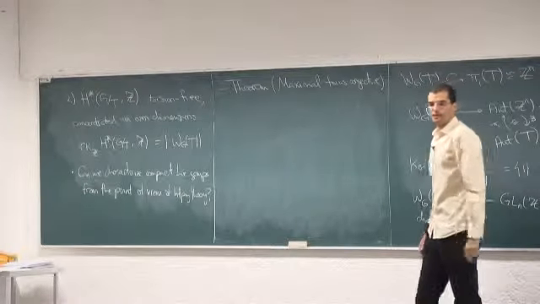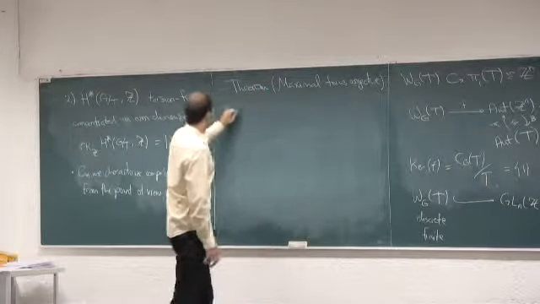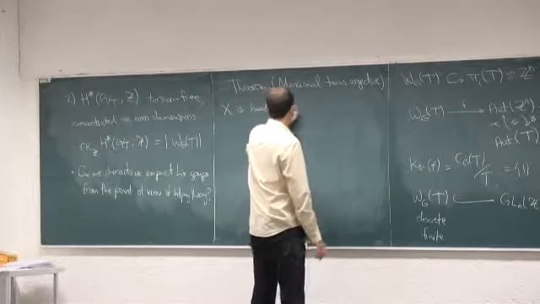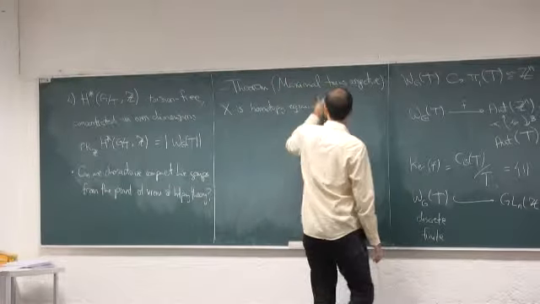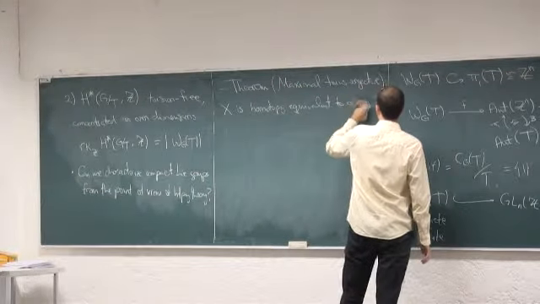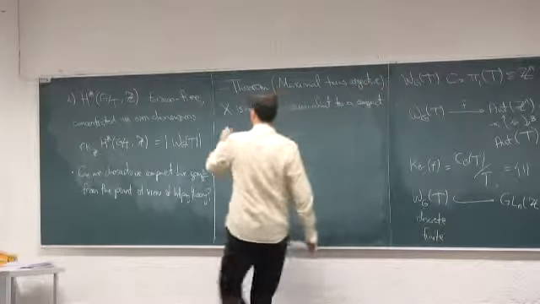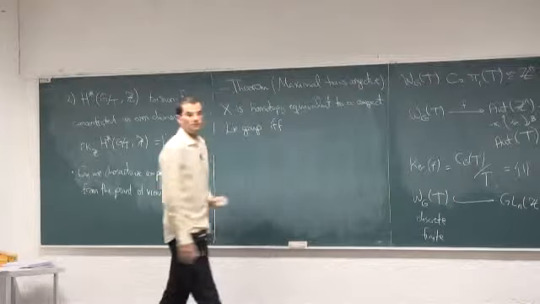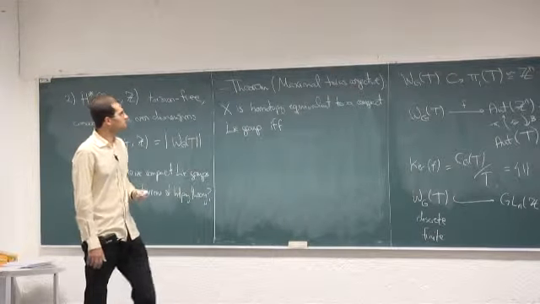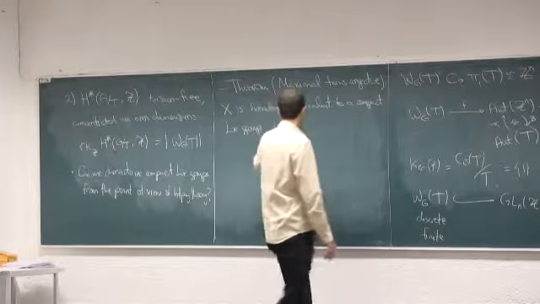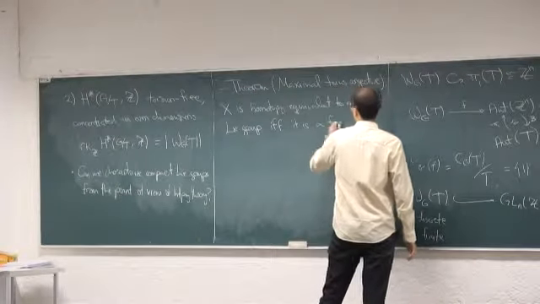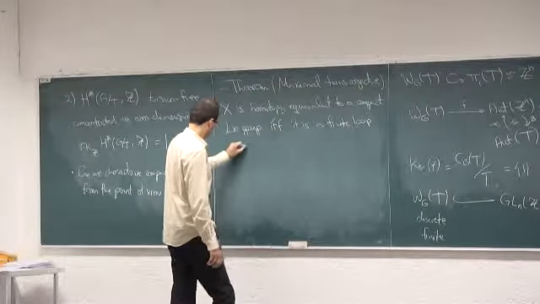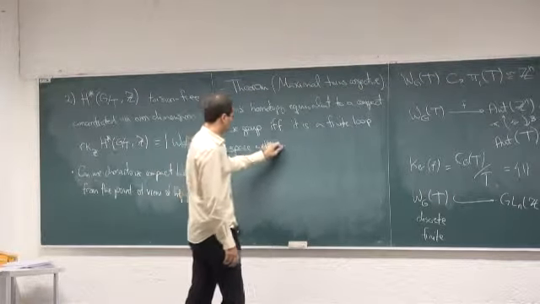The theorem says that X is homotopy equivalent to a compact Lie group if and only if it is a finite loop space with a maximal torus.